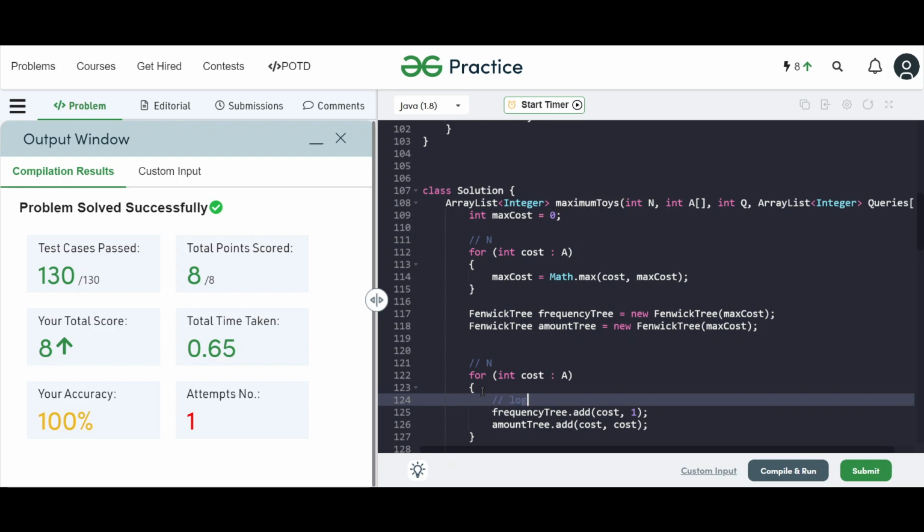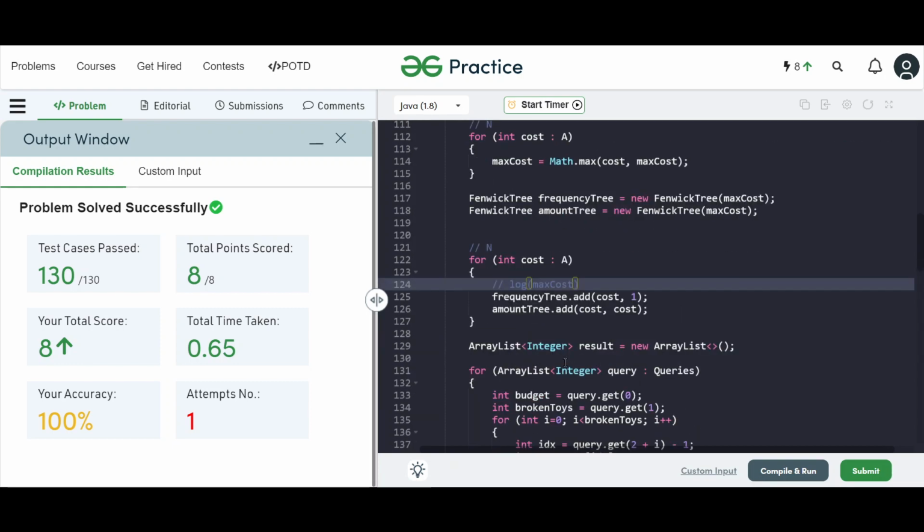Log of what though? Log of the size of the tree. The size of the tree is based on the max cost. Log of max cost, right? And then what is happening? ArrayList result, which is all good.